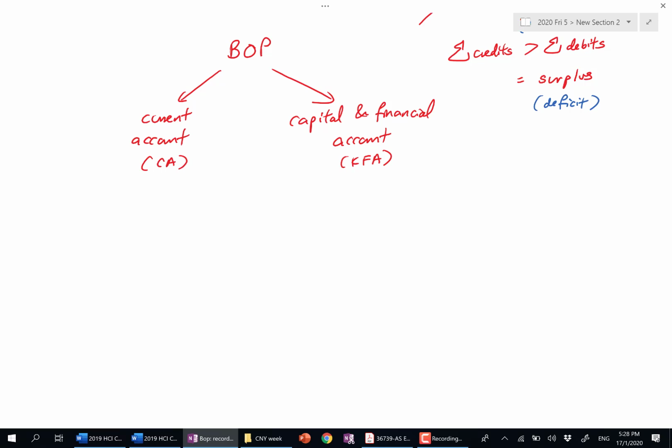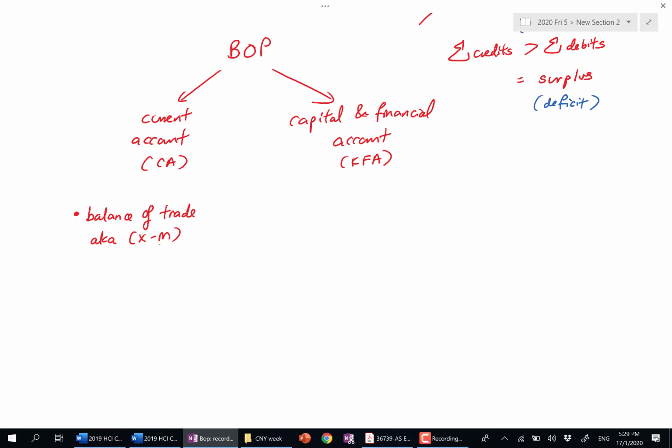Under the current account, we have something called balance of trade. Balance of trade is also known as our familiar friend, X minus M. We saw this last week. Remember, I's peak, this is peak, the factors that affect net exports.